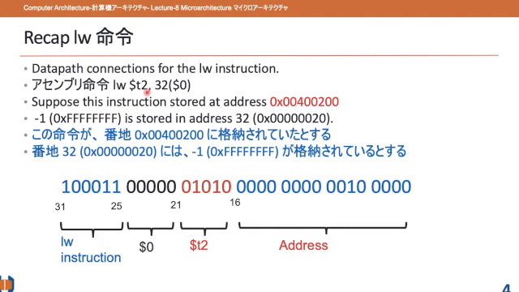Well, to execute this, you have to know what data the memory address contains and how you calculate the memory address with this part. Here is a constant, 32, and a register. Using these two, first you need to calculate the memory address, and then you have to know what data that particular memory address contains.